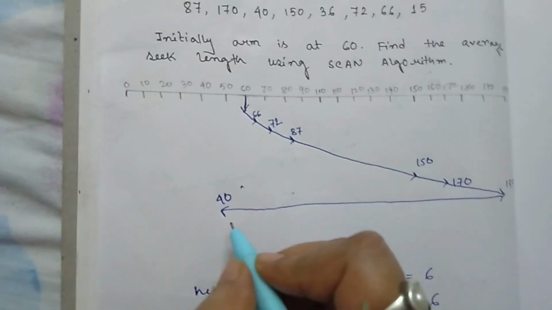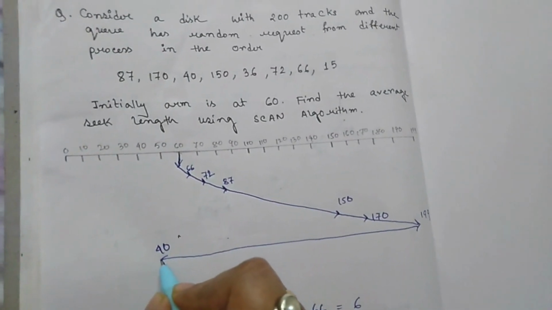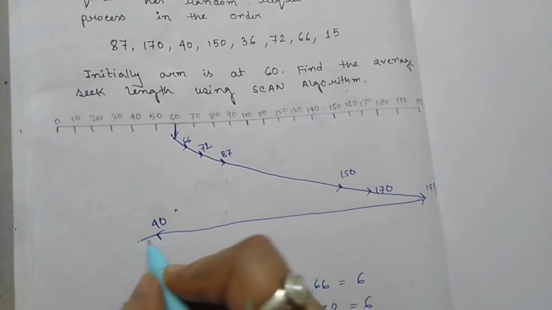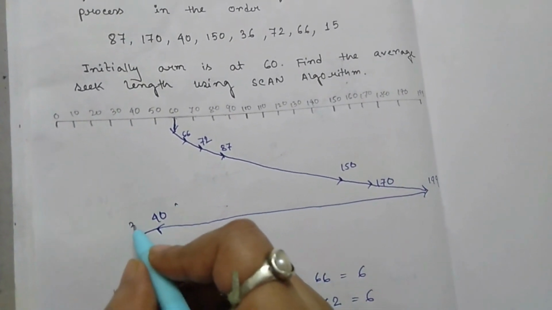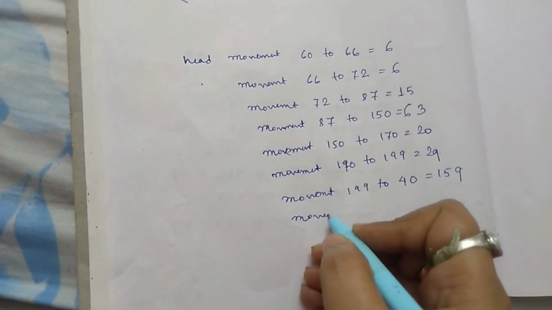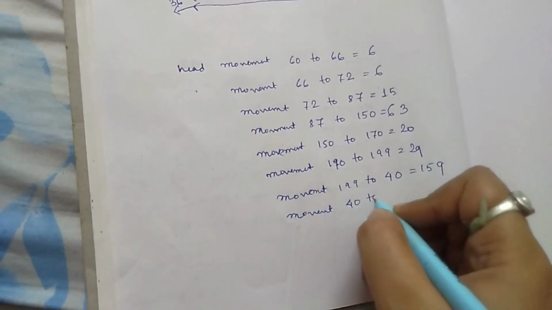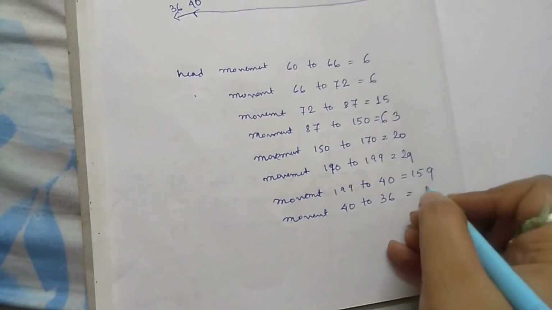Again we find the next nearest value of 40, which is 36, right? We draw the value 36 and calculate the head movement, 40 to 36, the value is 4.